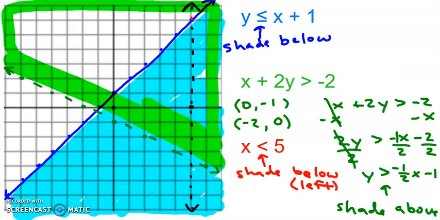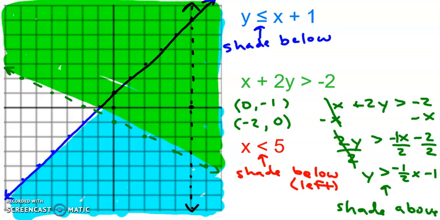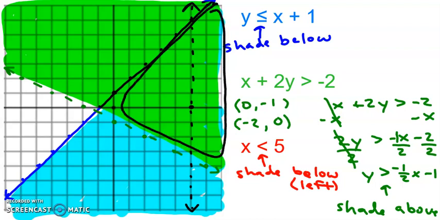So we're starting to narrow down where our overall solution is going to be for all 3 inequalities. As of right now, it's kind of hard to see because the green covers up the blue. But right now, it's looking like this is where it's overlapping between the blue and the green inequality.